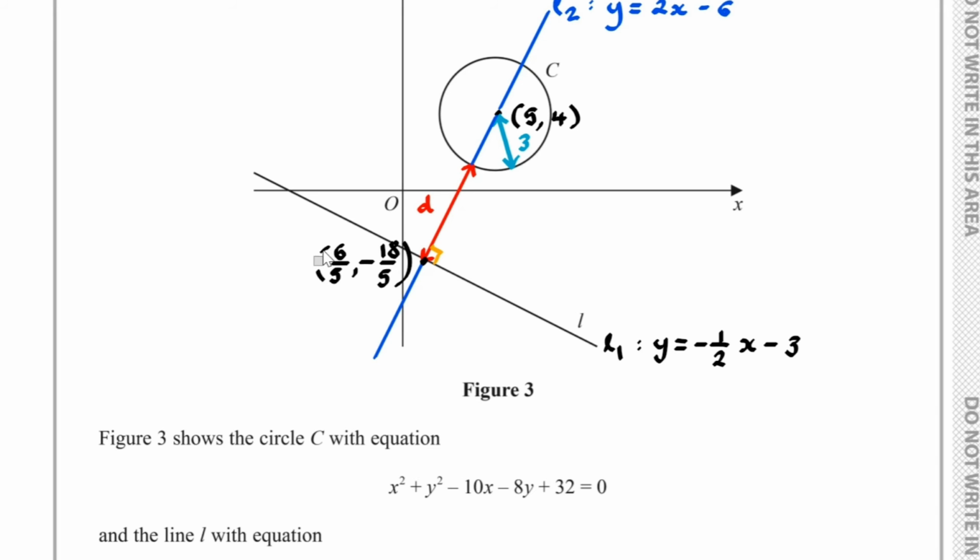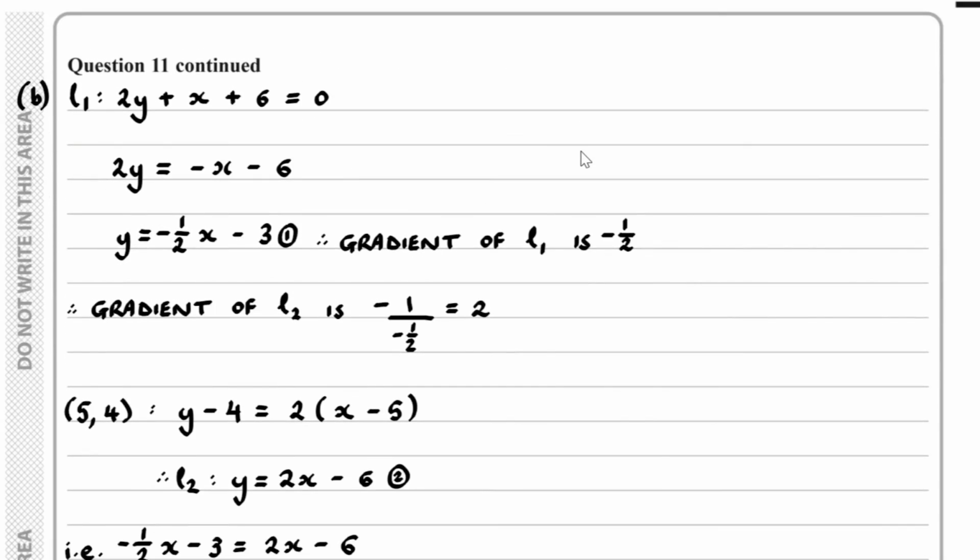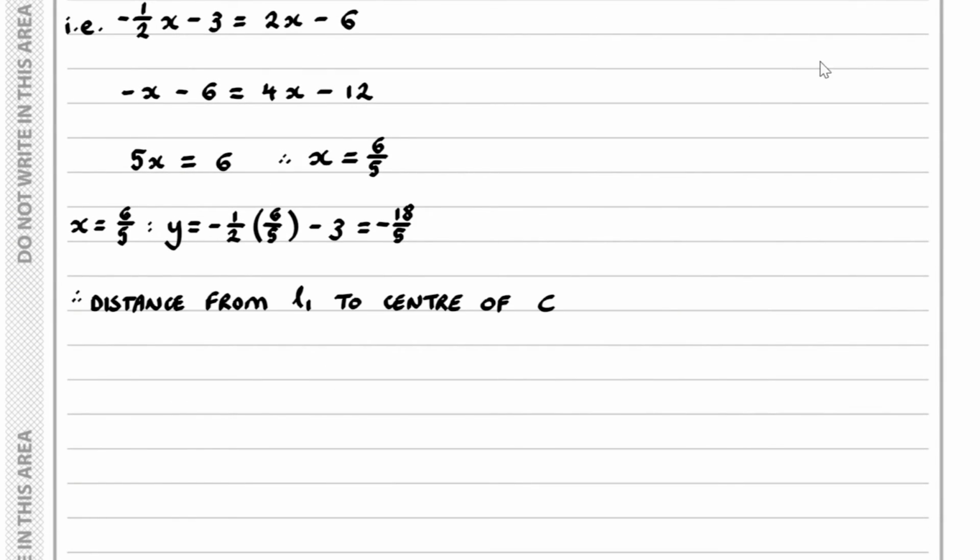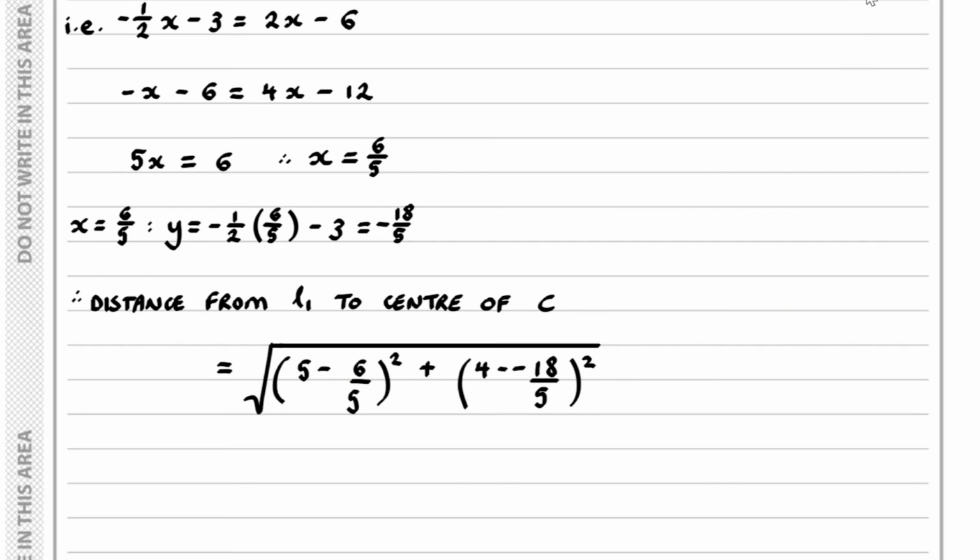So now that we know where they intersect, we can now find out the distance from L1 to the center of C. So the distance from L1 to the center of C, that's equal to, well, we have 5 subtract 6 over 5 squared plus 4 subtract negative 18 over 5 squared, and then square rooted.